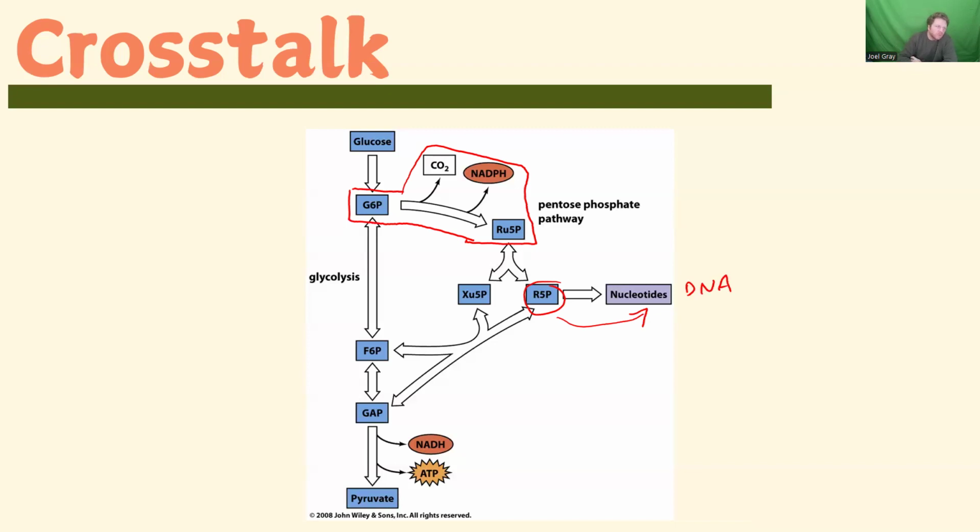What it can also be used for is xylulose 5-phosphate, which ultimately we can feed into fructose 6-phosphate, which we didn't explore, but also more directly, we can feed into glyceraldehyde 3-phosphate, or GAP. As soon as we get that, that GAP can be used for ATP and NADH production as well as pyruvate.